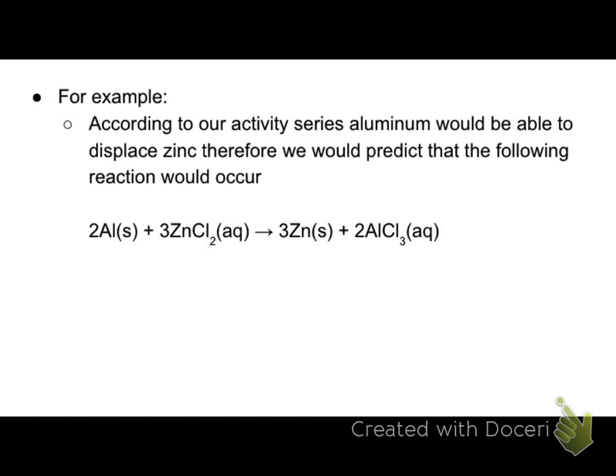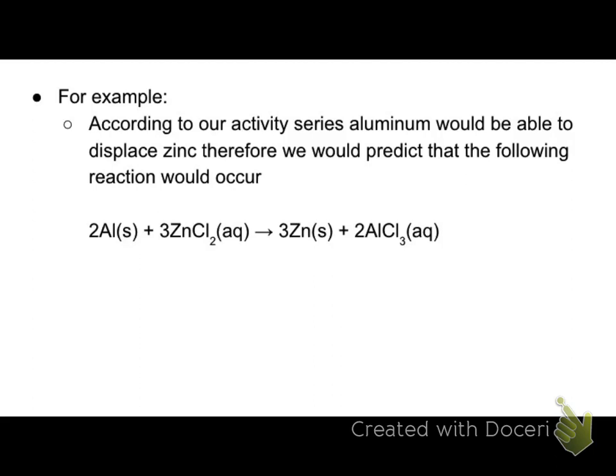So we're predicting that this reaction would take place because aluminum is more reactive than zinc. So when they were dissolved in solution, the aluminum would go in and displace the zinc and bond with the chlorine instead, and we'd yield aluminum chloride and then solid zinc by itself.